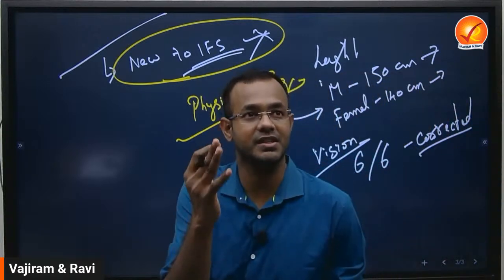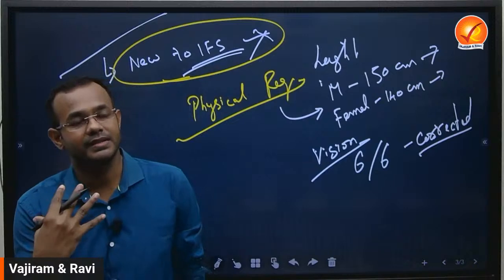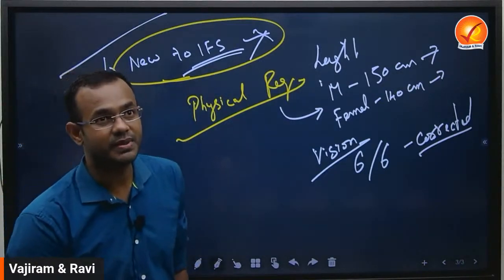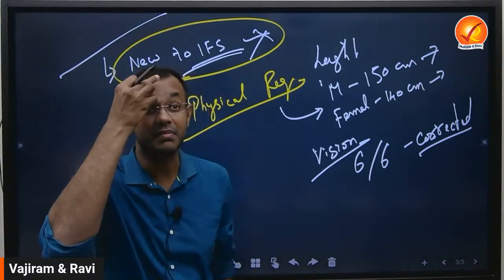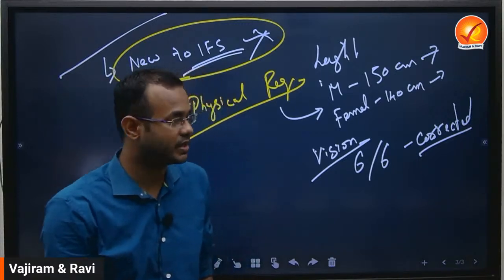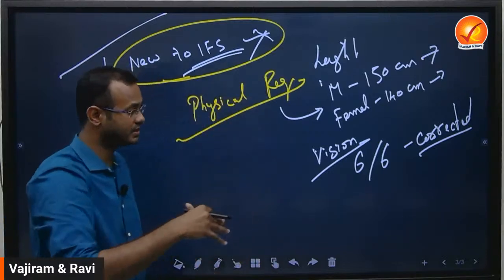With spectacles, if you get 6x6, it's fine. If you have done LASIK treatment, it's also fine, because in 2011 an amendment to the rules made LASIK treatment permissible. If you get 6x6 with that, that is also accepted, which was also carried over to IPS at a later point of time.